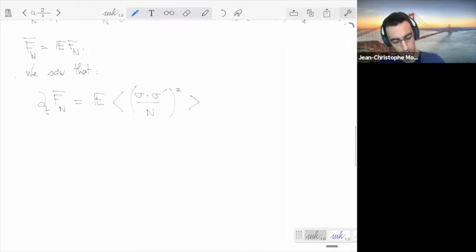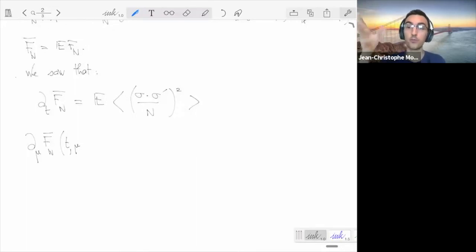And when we differentiate with respect to the positions of the Diracs in the measure, the QKs, Fn bar is normally a function of t and mu, but with this new notation I also indicate the position of the Dirac that I'm moving around, QK.